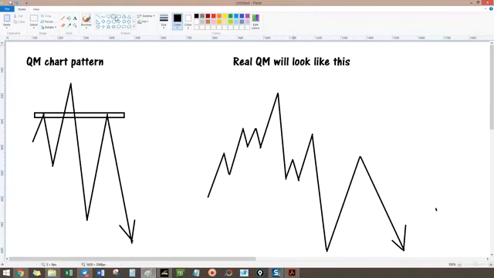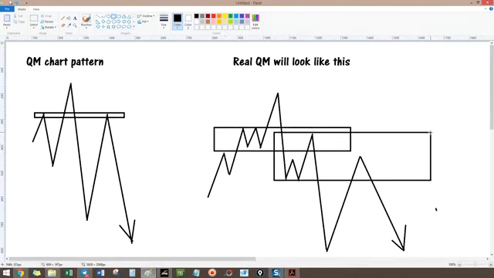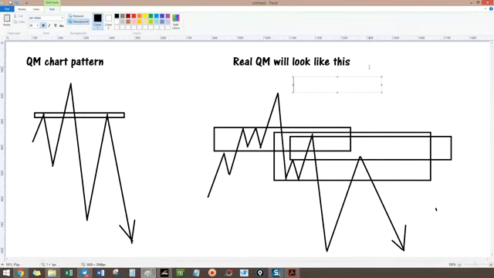A real QM will look something like this. And then like this. And then like this. Okay, this one, next topic. We will learn this on the next topic.